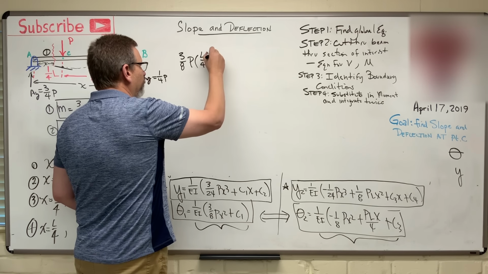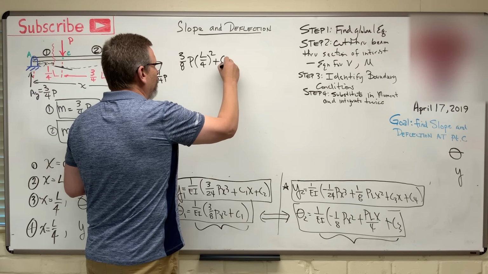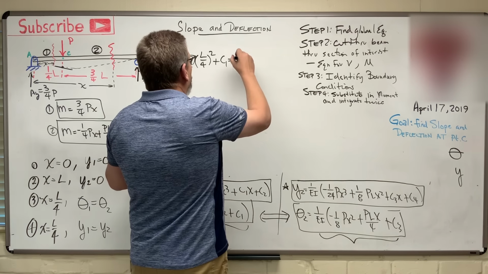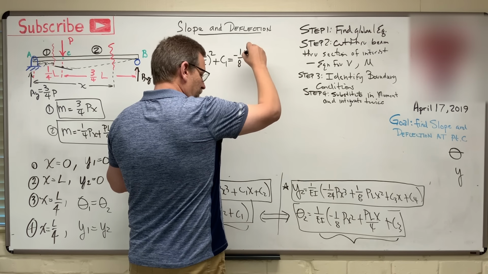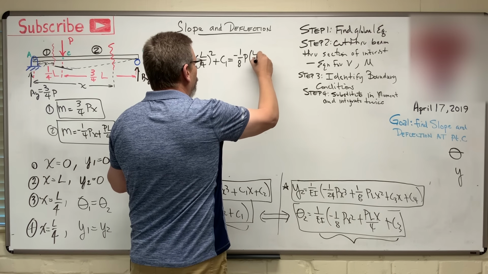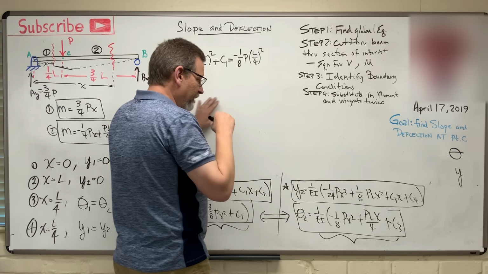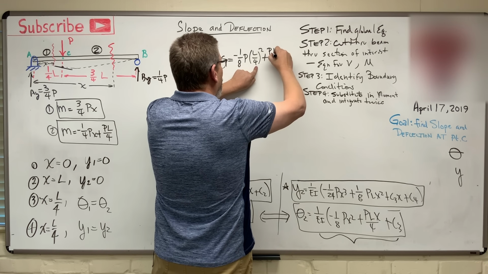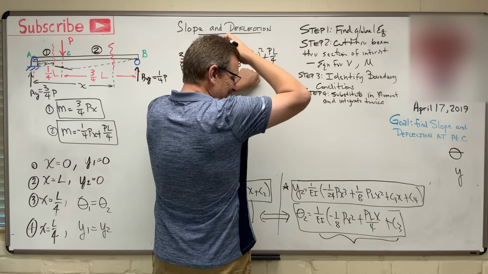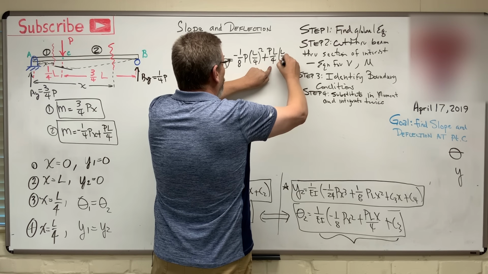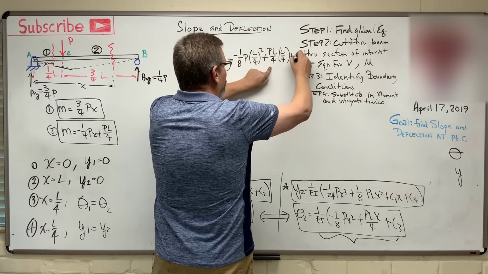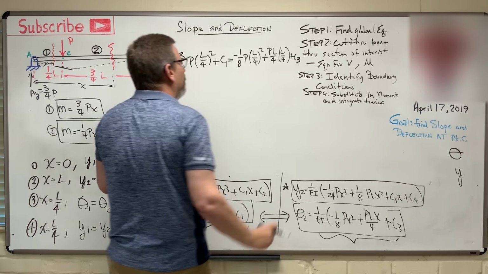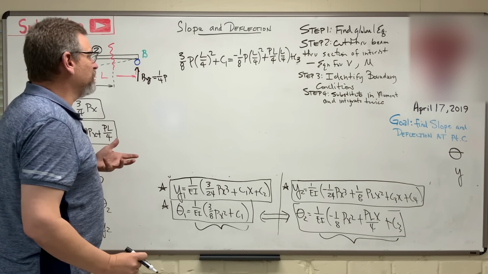So 3/8 P times L over 4 squared plus C1 is equal to minus 1/8 P times L over 4 squared plus PL over 4 times L over 4 plus C3. Let's see if we can simplify this.